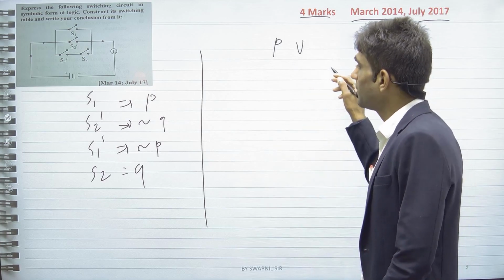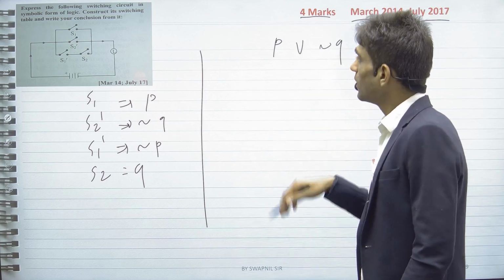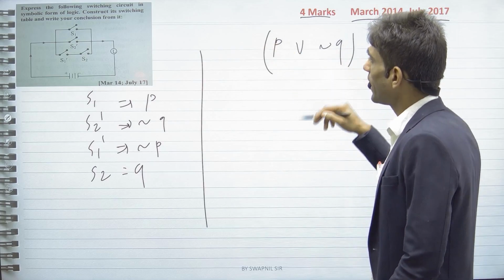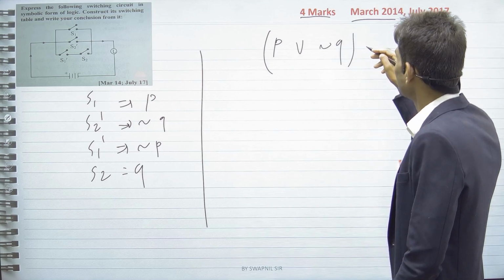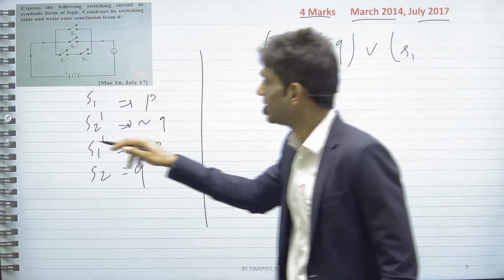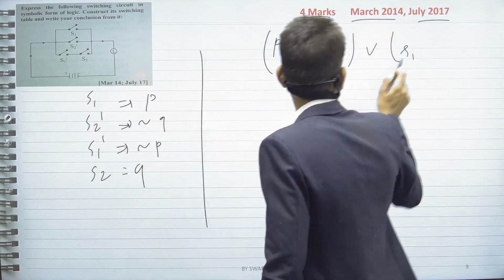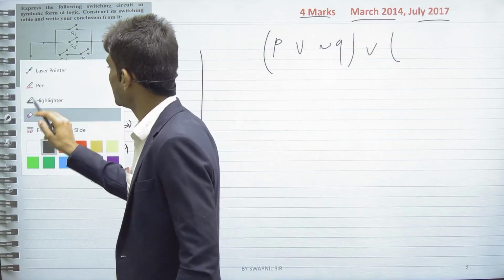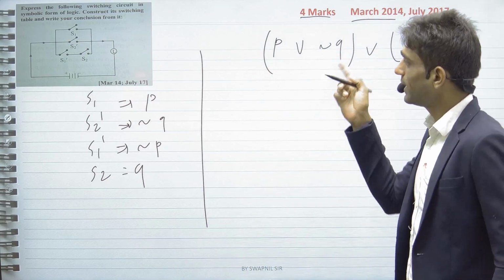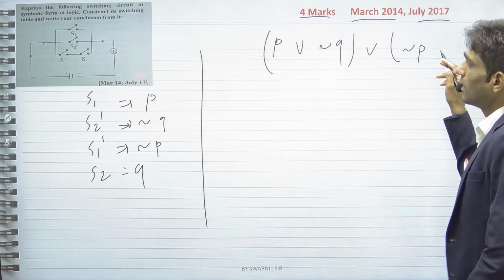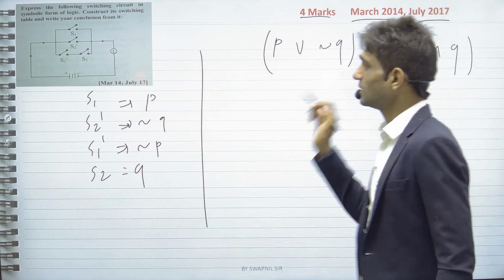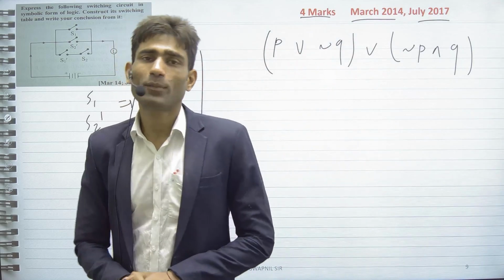S2 dash represents negation of Q. Again we have S1 dash, S2 dash, all having series connection, so it goes to the OR. S1 dash we represent as the negation of P. After that S2 is represented as Q. Okay, this is the symbolic form of our switching circuit.